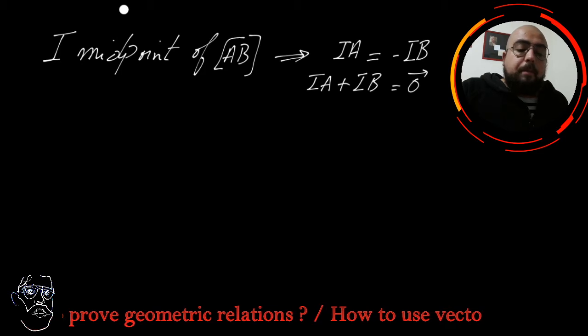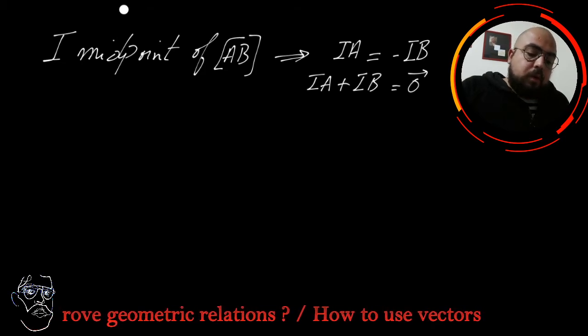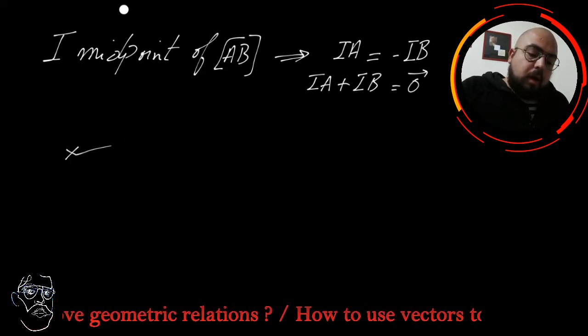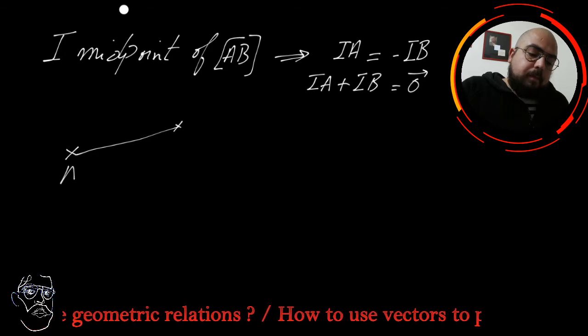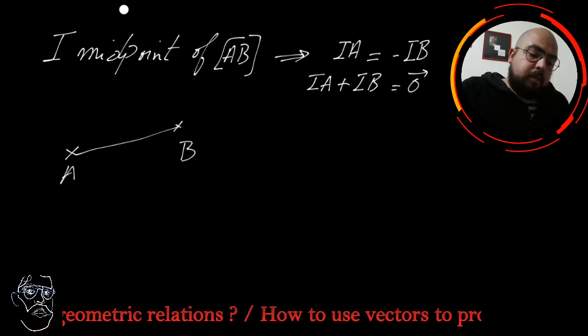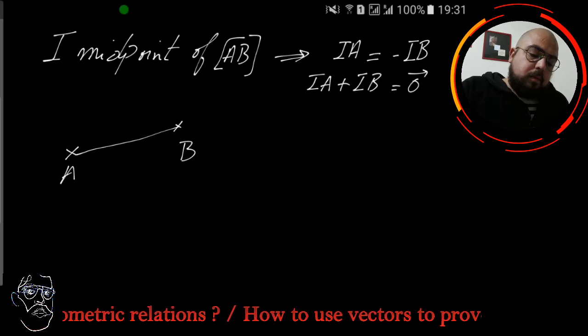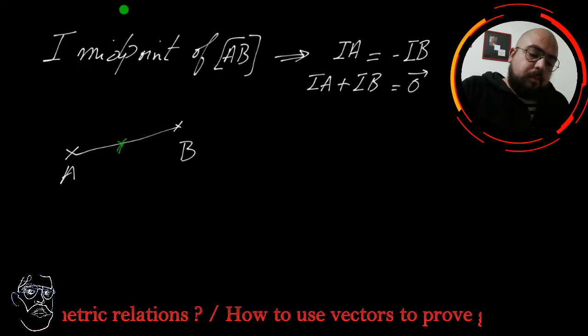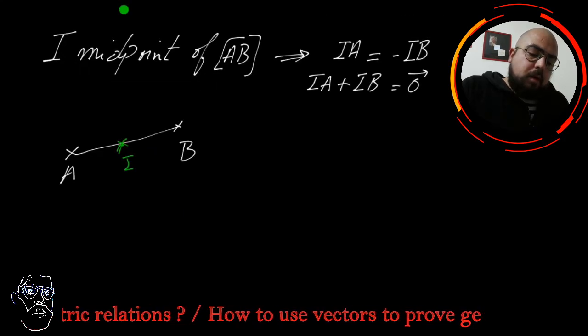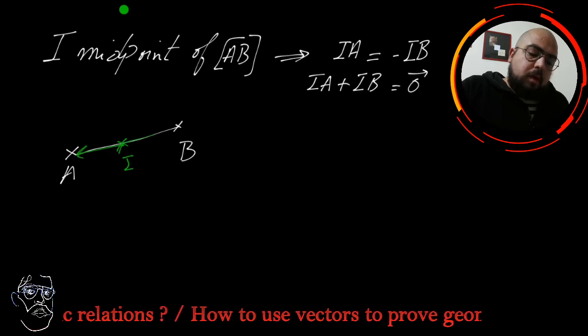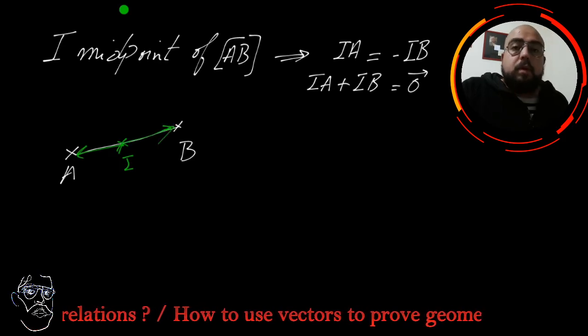So this is related to the midpoint. So this is our segment, let's say AB, and I is the midpoint. So IA plus IB will be equal to 0 since I is the midpoint.